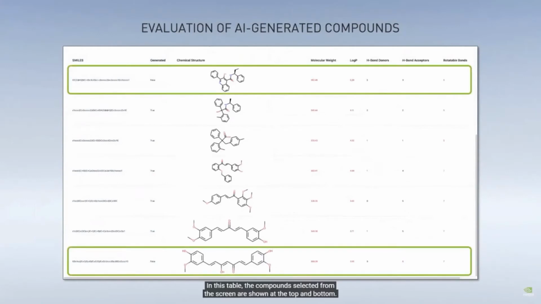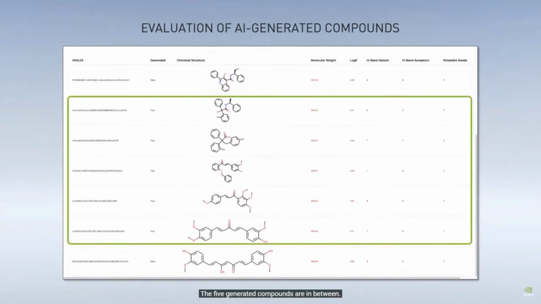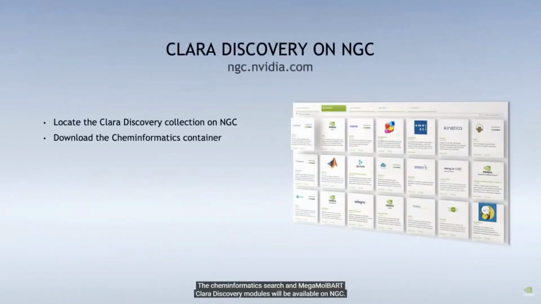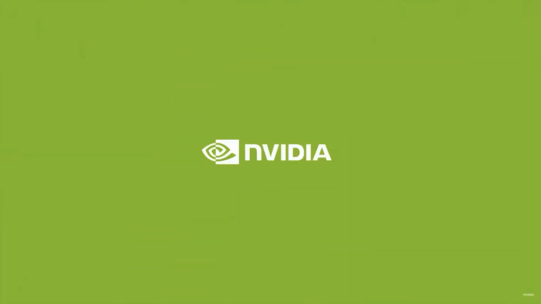In this table, the compounds selected from the screen are shown at the top and bottom. The 5 generated compounds are in between. These new compounds are novel AI-generated molecules which can be prioritized for further study by scientists and researchers. The Cheminformatics Search and MegaMolBART Clara Discovery modules will be available on NGC. See the links in the description for this video.